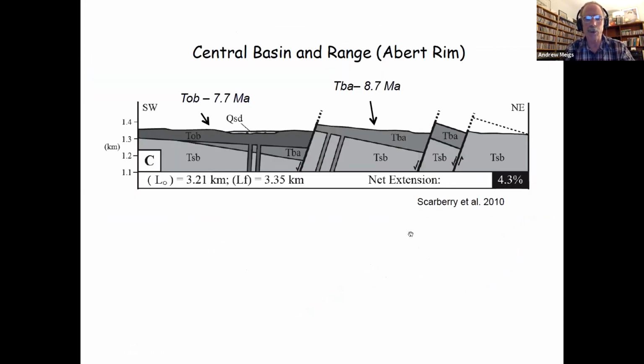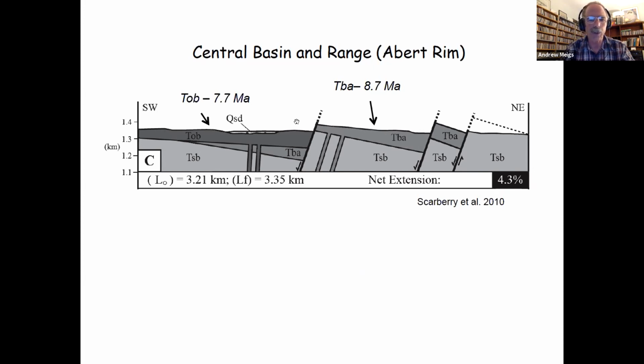Similarly, when you go to the west to Abert Rim, or the Lake Abert Basin, you have volcanic stratigraphy that includes a series of basalts of different ages. TBA, for example, here is an 8.5 or so million-year-old unit that dips steeply to the east.